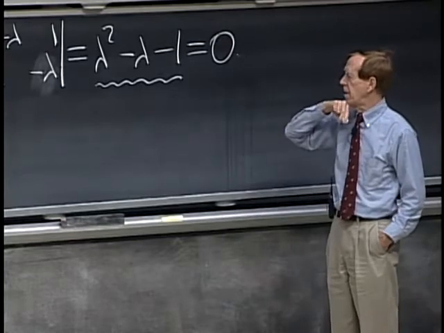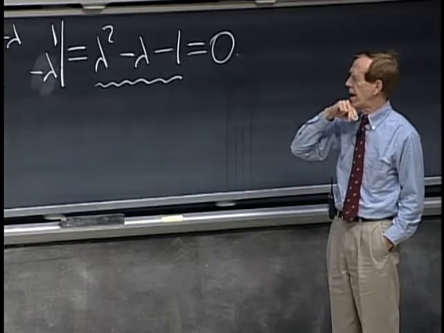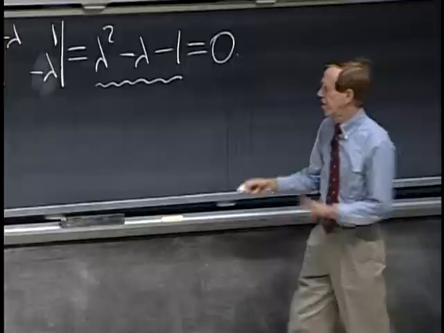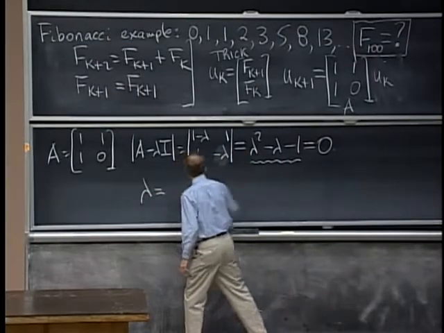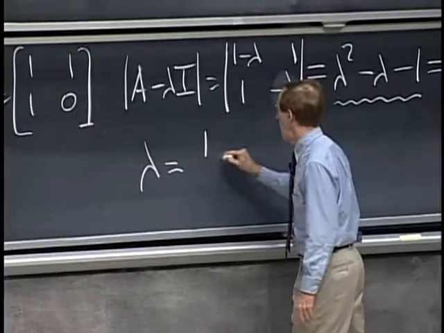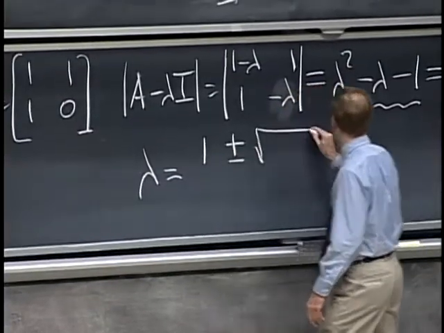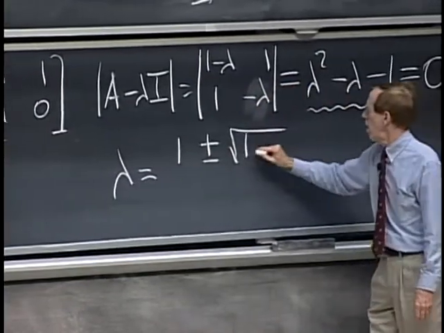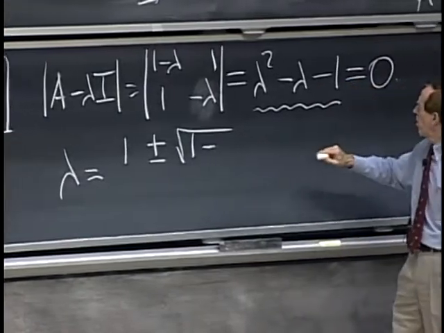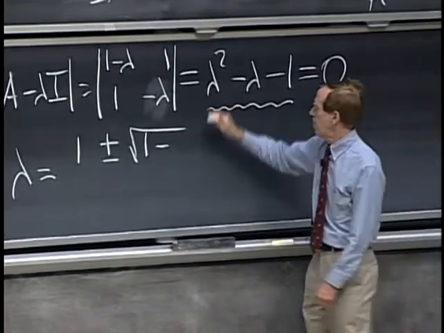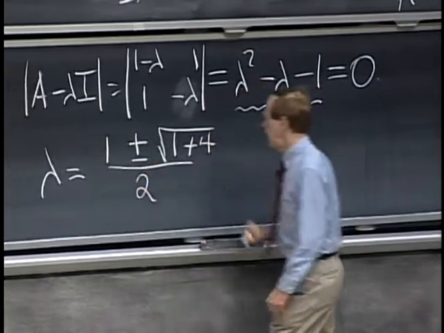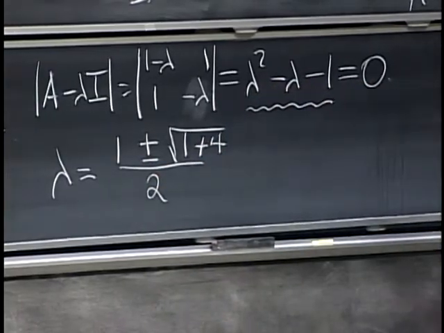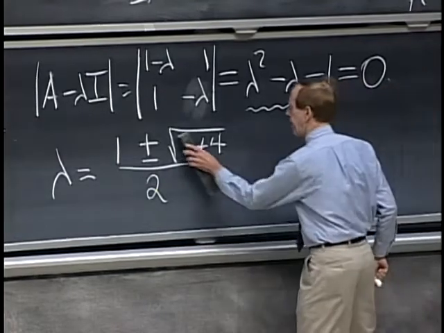Well, I would like to be able to factor that quadratic, but I'm better off to use the quadratic formula. Lambda is, let's see, minus b is 1, plus or minus the square root of b squared, which is 1, minus 4 times that, which is plus 4, over 2. So that's the square root of 5.